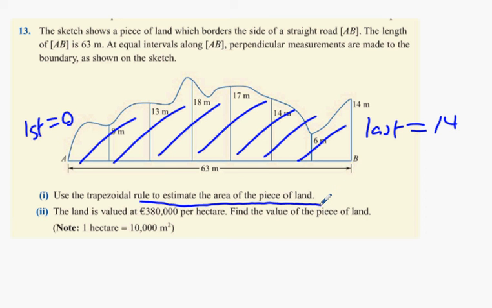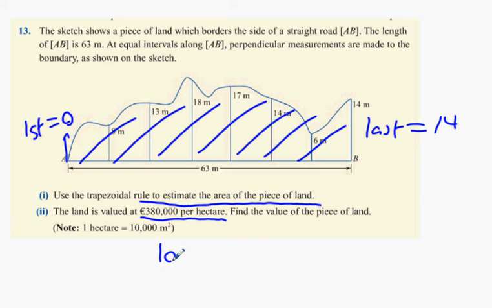Now, the problem at the end is, it says that it's 380,000 per hectare. Yes, because it doesn't go straight up. It has to go vertically upwards, otherwise it's 0. Okay? Now, once you get the area, the answer to the first one's in meters squared, isn't it? Now, it's going to tell you that 1 hectare is worth 380,000 euro.